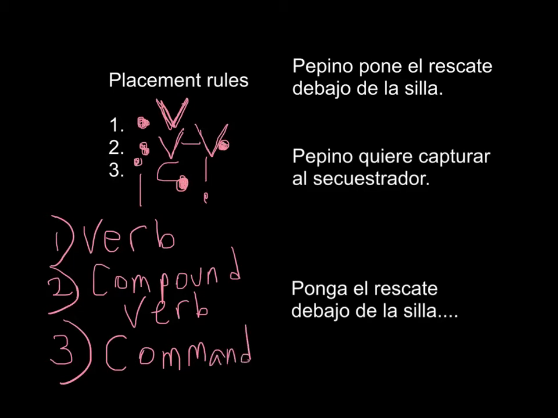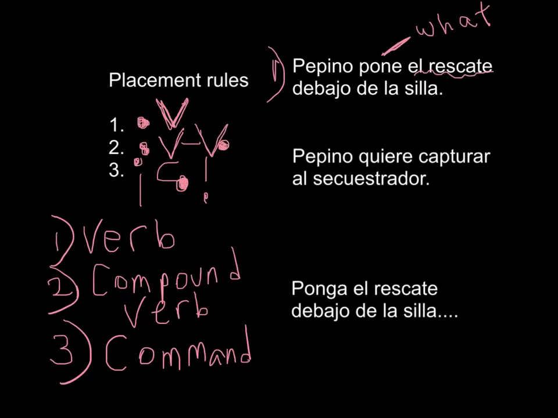These three example sentences we could use to illustrate what we're talking about. So, Pepino pone el rescate debajo de la silla. If I want to replace the direct object pronoun, let's work with those. I would ask myself, puts what? Because pone is my verb, to place or to put, and the answer to that question would be the direct object. So we know that in this case, it's the ransom.